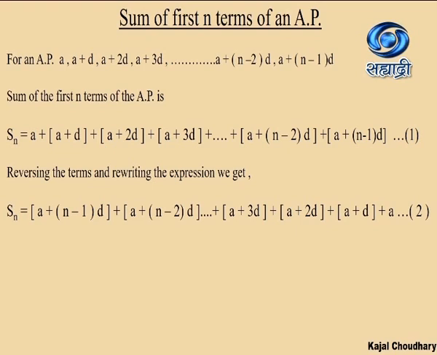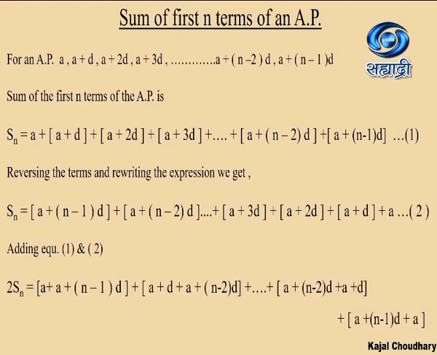Now, if we add up both the sequences, twice Sn is equal to a plus (n minus 1)d, plus a plus d, plus a plus (n minus 2)d, and so on. If you observe this very carefully, you will see that this a is the first term in the first equation and this a plus (n minus 1)d is the first term in the second equation.